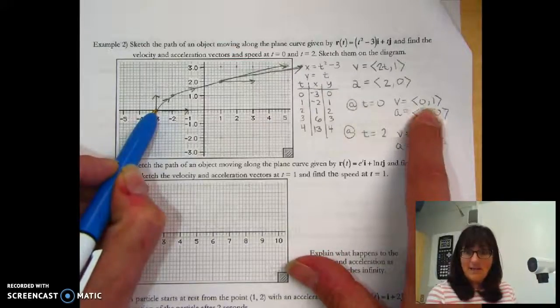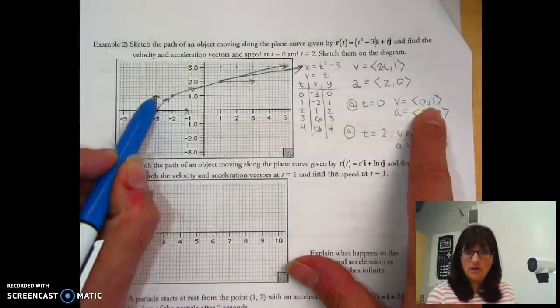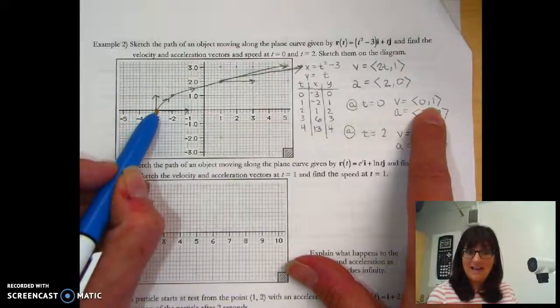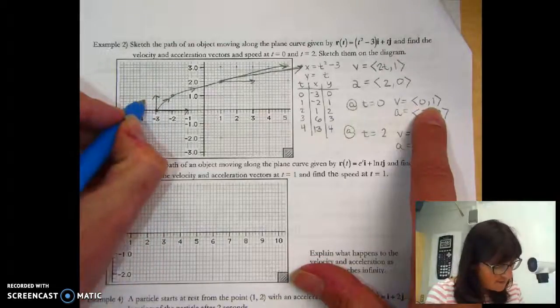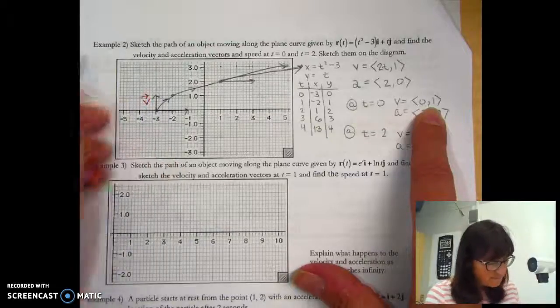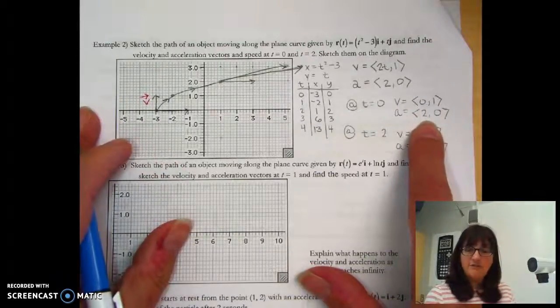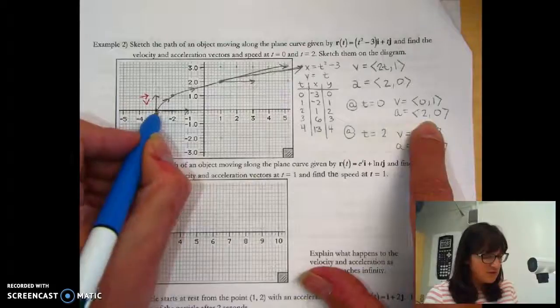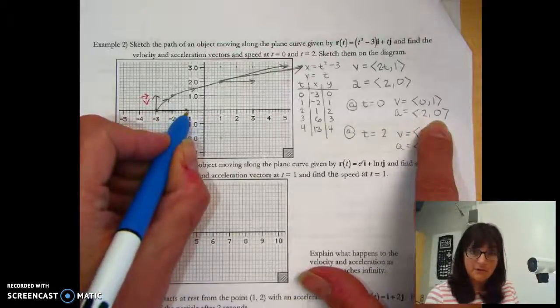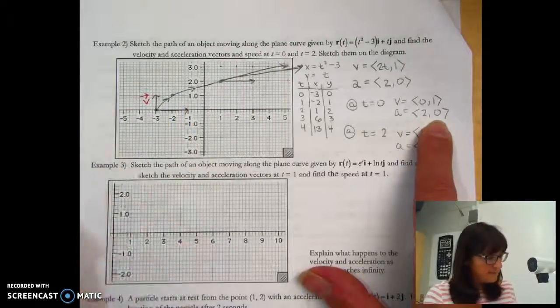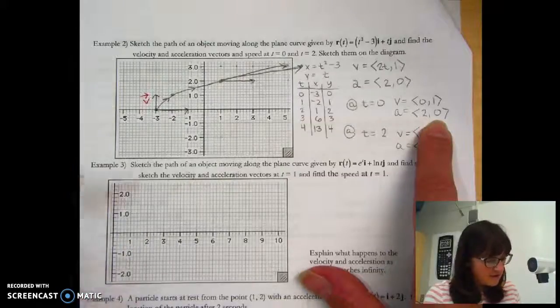So I went 0 in the horizontal direction and 1 unit up in the vertical direction to represent that velocity vector. So there's v. And the acceleration vector is <2, 0>, so that's 2 in the horizontal direction and 0 in the vertical direction. Right here, we have our acceleration vector.